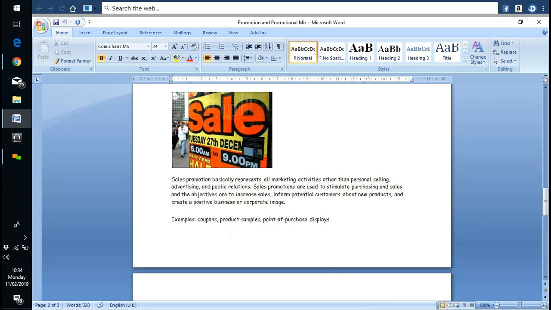Other ones: product samples, coupons, displays, point of purchase. Sometimes you'll get people at a railway station, or larger ones, offering a free try of a bar of this or a packet of something.